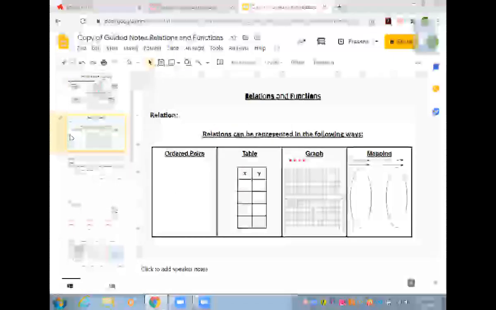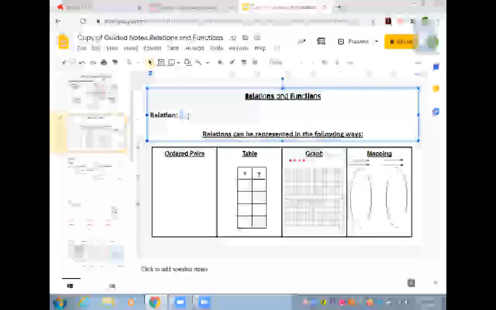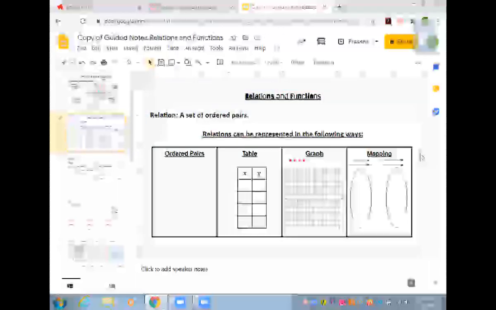Now that we've refreshed our brains on what the coordinate plane looks like, we want to talk about the meat of today's lesson, which is relations and functions. I'm going to start here with a definition for a relation. A relation is a set of ordered pairs.